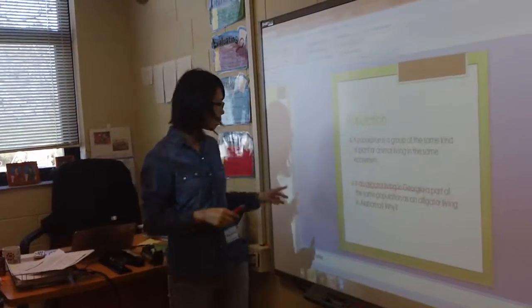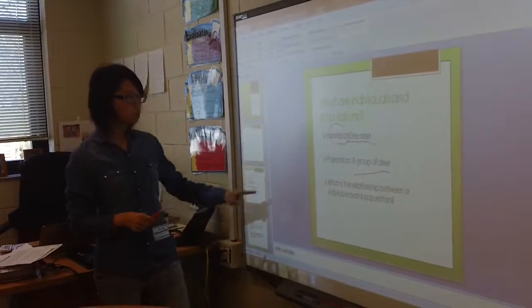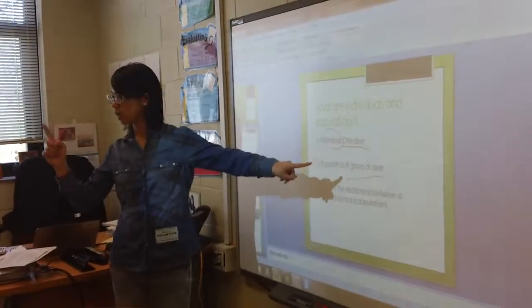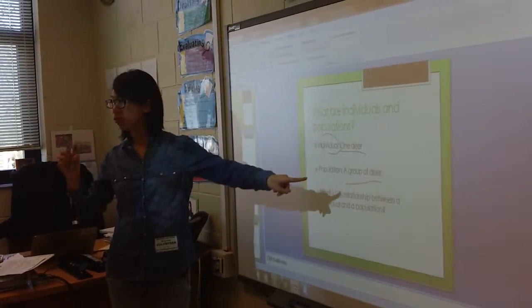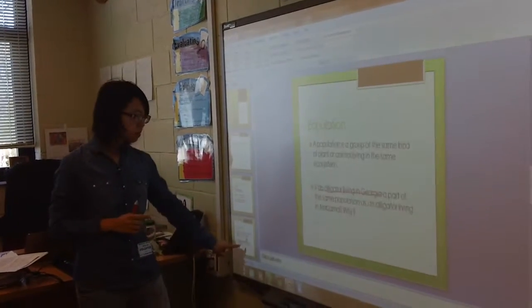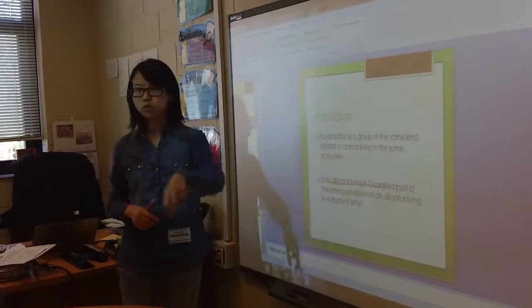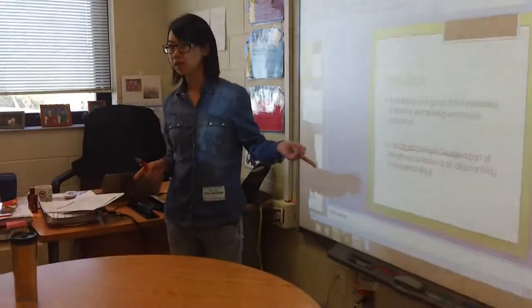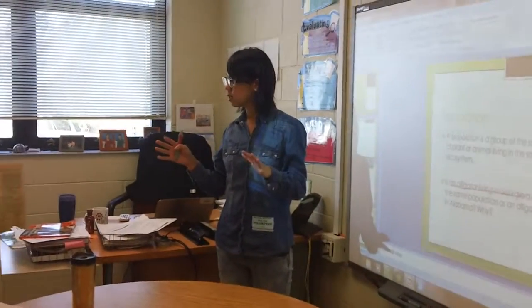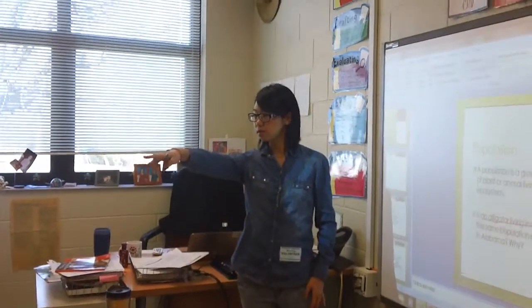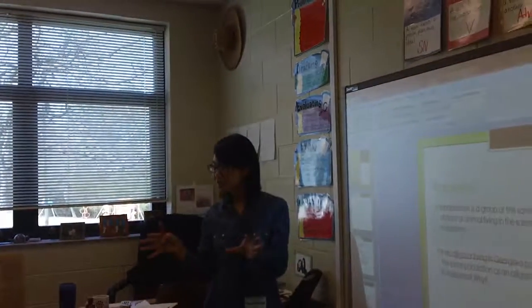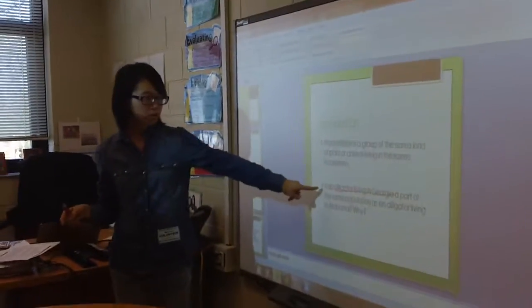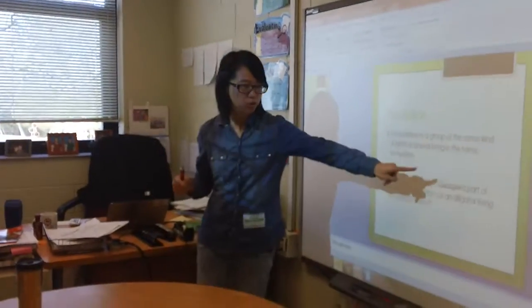So we talk about here, individual is one deer, right? And the population is a group of deer. So here, an alligator living in Georgia is one individual. So what's the population of this? Group. Yeah, a group of what? Alligators? Yes, so for this one, it's a group of alligators living in Georgia.